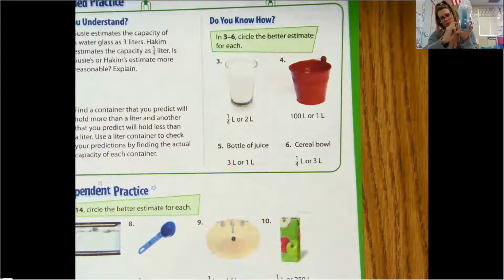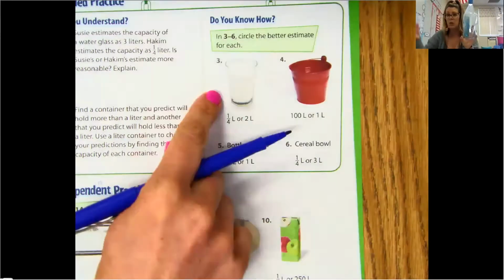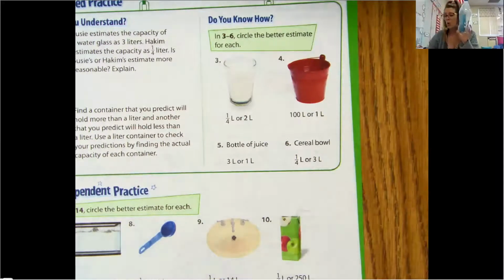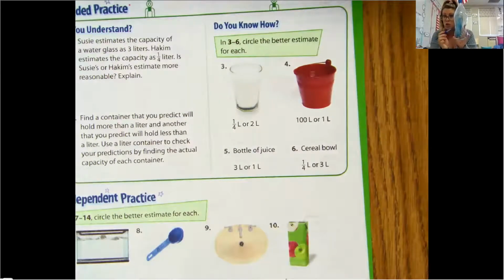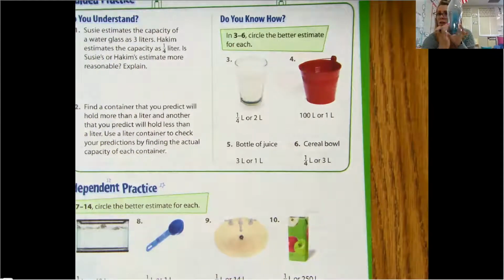So would that glass of milk be equivalent to about this much, or 2 of these? If we took this milk and poured it in here, would this milk fill up 2 whole containers, or would it fill up probably just about to here? What do you think? So 1/4 would be just about to right here.